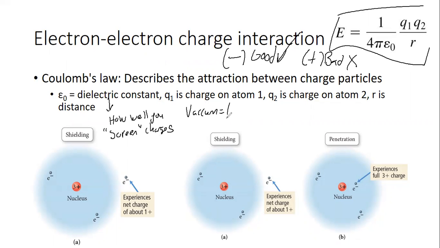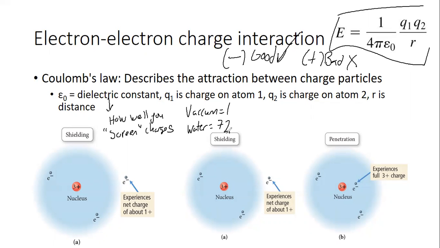Basically, what that means is no matter how far I put 2 charged particles in the vacuum, they always know they exist. They can feel each other because there's nothing in between them that blocks them. So if I take a proton and an electron and put them 2 miles apart in a vacuum, they're just going to fly towards each other because they know each other exist. While water has a very high dielectric constant, 72.